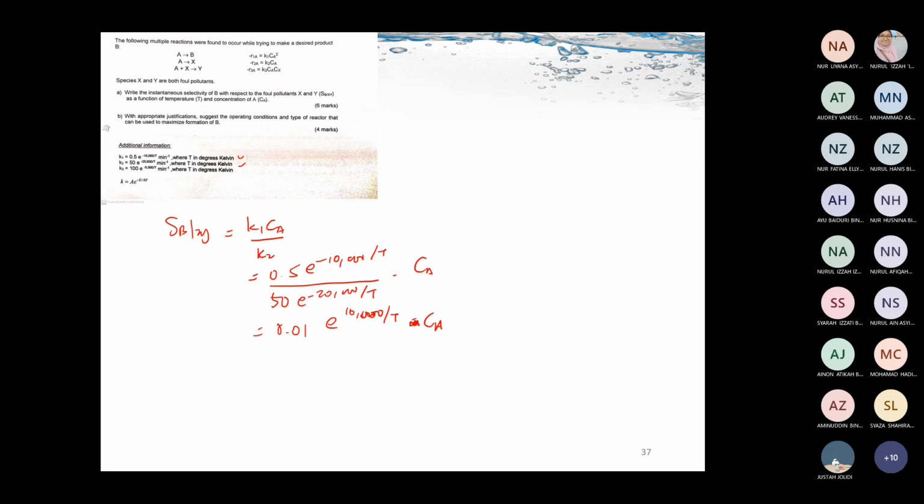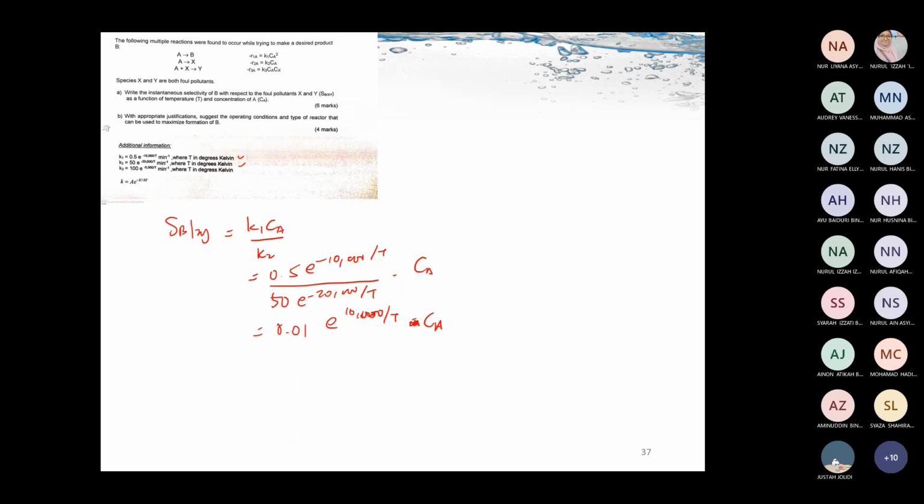Okay, so the next question: with appropriate justification, suggest the operating condition and type of reactor that can be used to maximize formation of B. Remember, in the previous lecture we looked at how to analyse whether we need to increase the temperature, or lower down the CA, or increase the CB.